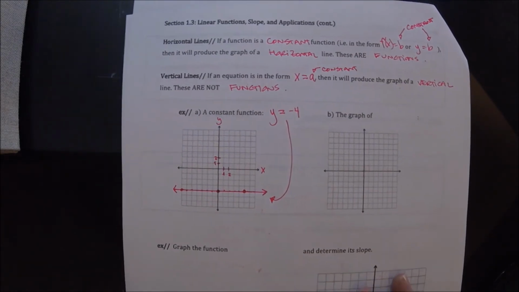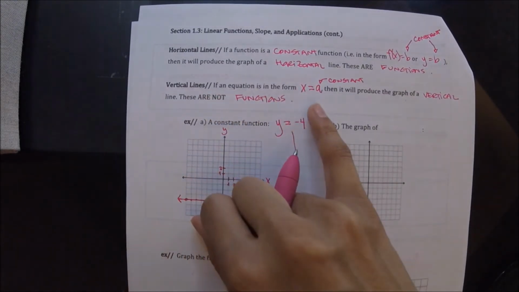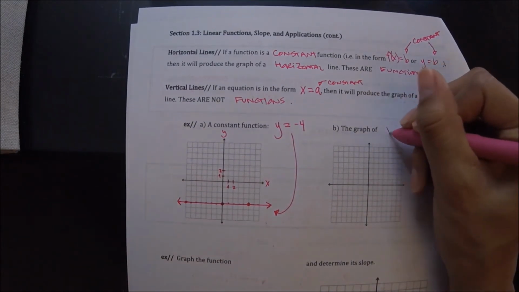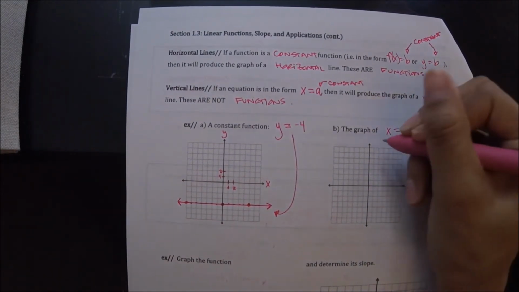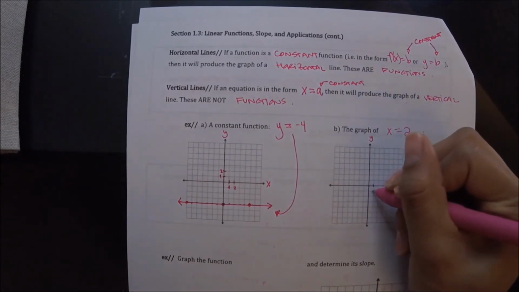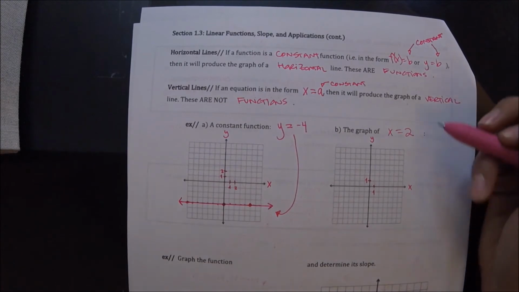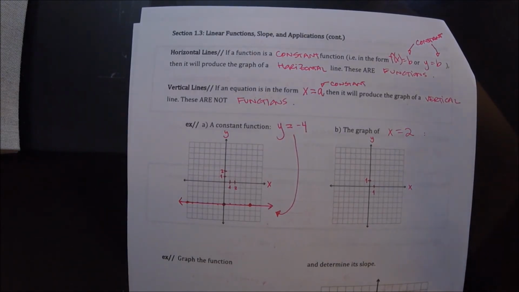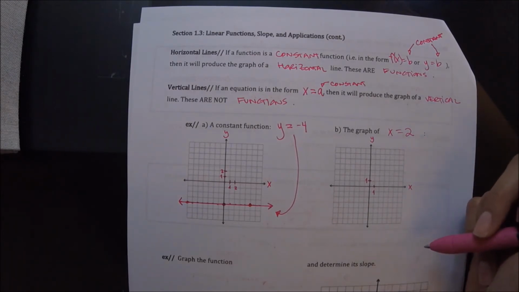And then let's do a vertical line. So for a vertical line, it has to be in the form x equals some number. So let's do x equals 2. So I got my x-axis, my y-axis. I'll go by ones. And this time, we have to think about where do we have points where the x value is 2.